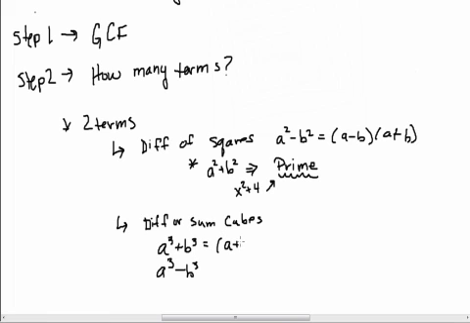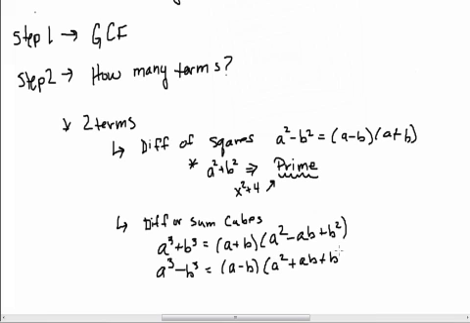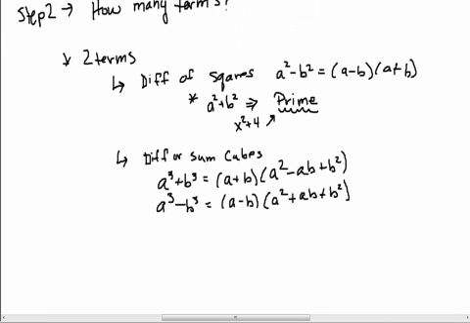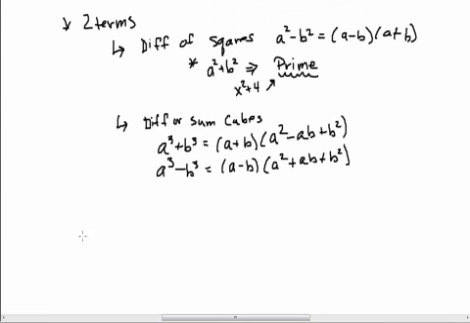The first one, we would have a plus b, times a squared minus ab plus b squared. And the rule when I'm subtracting, this was a minus b, and then a squared plus ab plus b squared. And I think we talked about those back in video 2. Okay, that takes care of 2 terms.